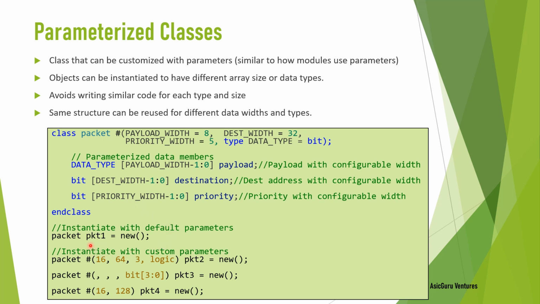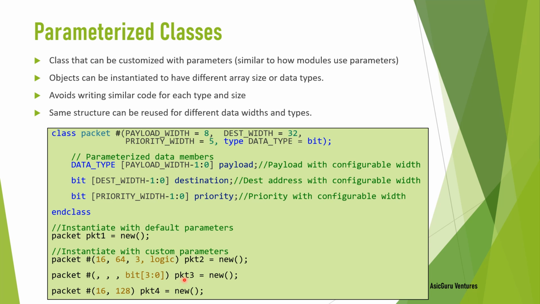With the first instantiation, we are using the default values which we have set here. For other instantiations, I am passing overridden values. For example, with packet 2, I am passing 16 bits for payload width, 64 bits for destination width, 3 for priority, and logic as the data type.